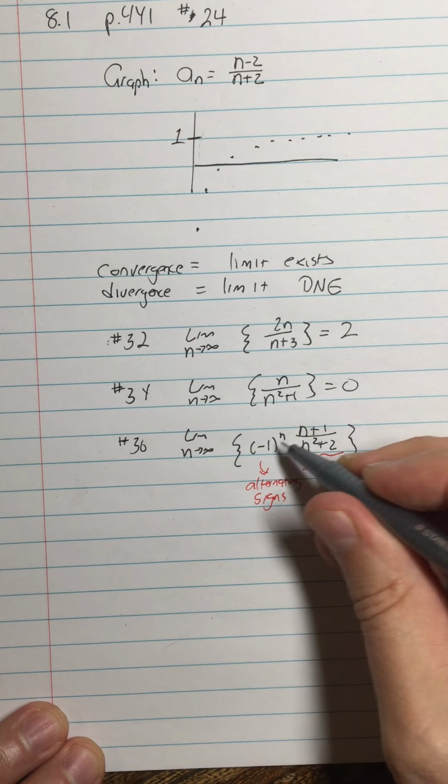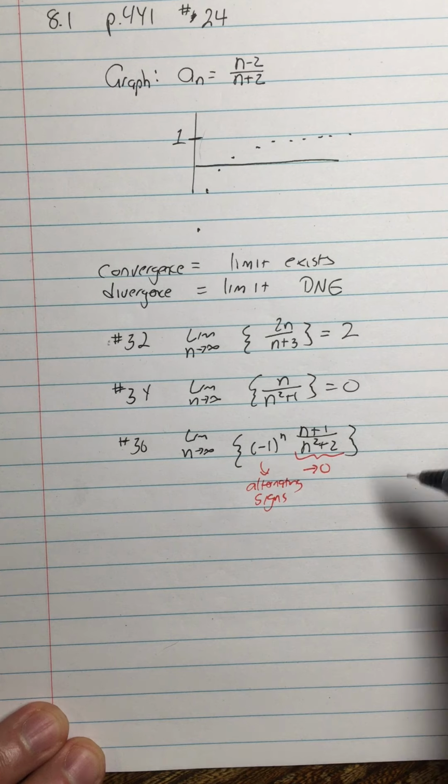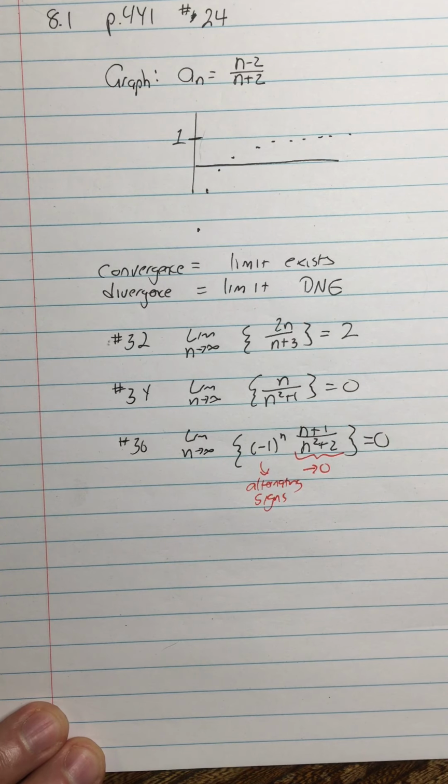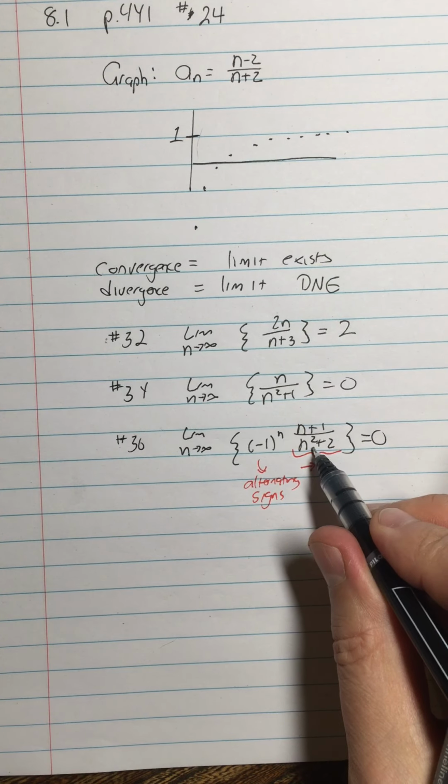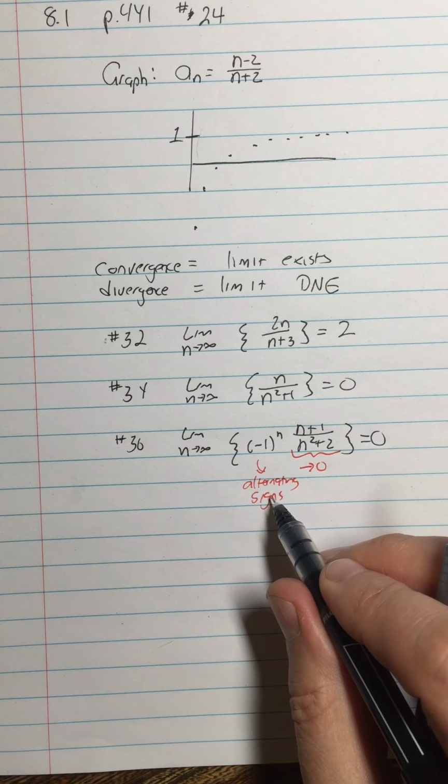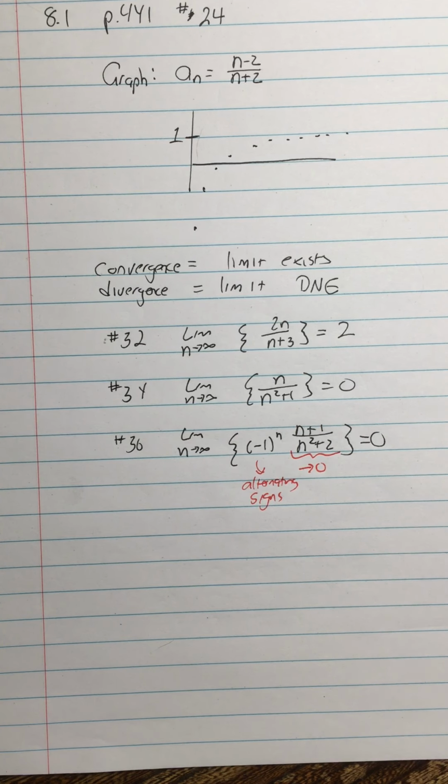So if I have an expression that's alternating signs, but it's going to 0, the limit is still 0. If this limit was 5, but I'm alternating signs, then I'm going back and forth between 5 and negative 5, and I'm not going to have a limit. We're going to say the sequence diverges. But this one, the limit is 0.